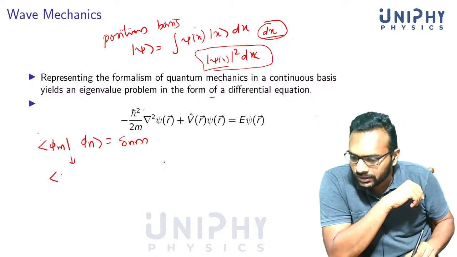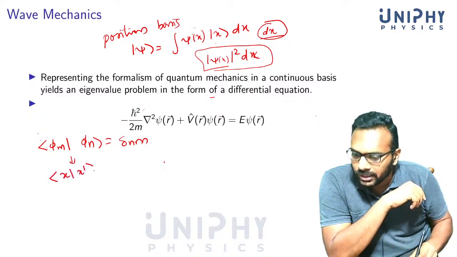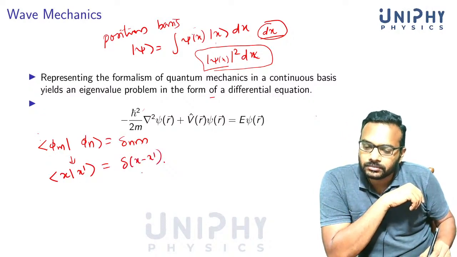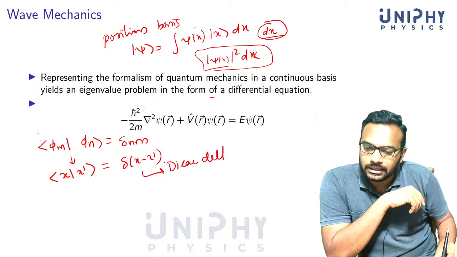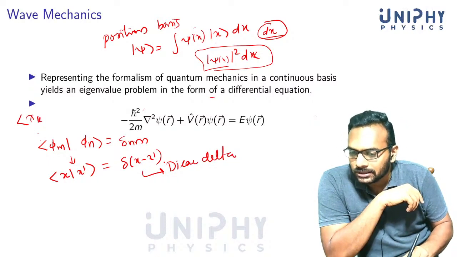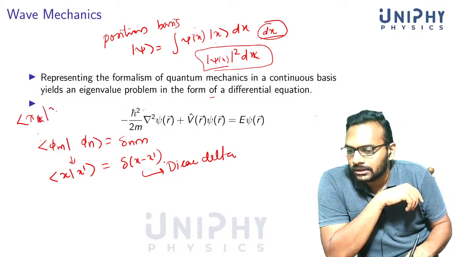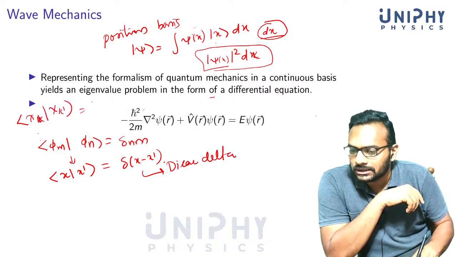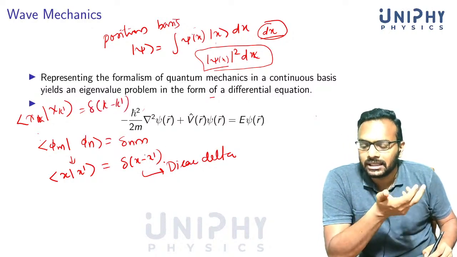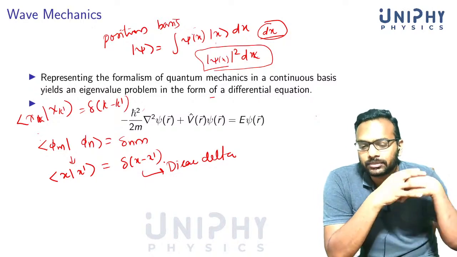If you have x and x prime, this is equal to delta of x minus x prime. This is known as the Dirac delta. Or in general, for some continuous variable k and k prime, this is equal to delta k minus k prime. This is in one dimension; in three dimensions you will have to make the corresponding generalization.